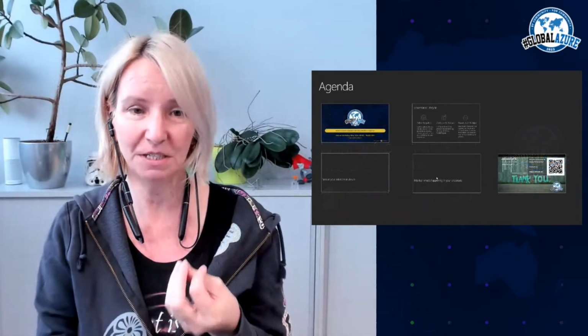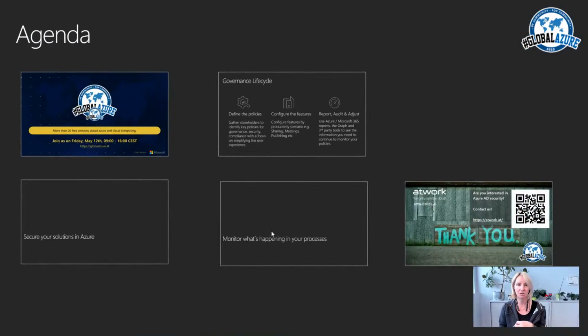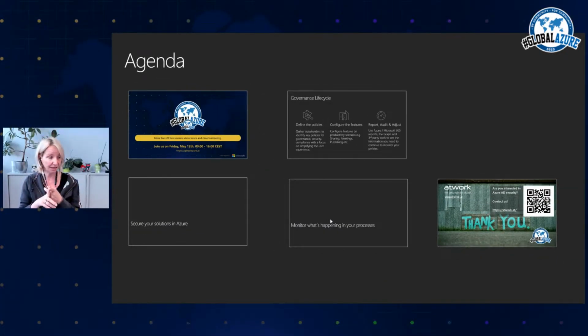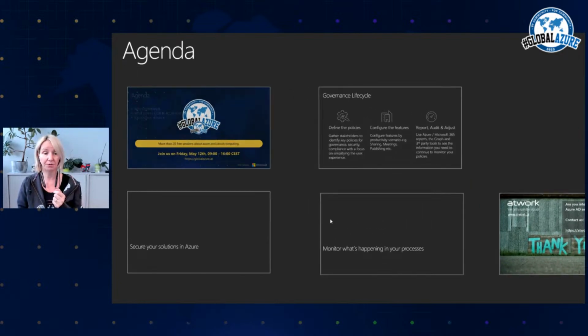But there are specific spaces where we need to look into governance processes around Azure Active Directory. First of all, we will look at what governance is, what Azure Active Directory identity governance looks like, and then we will see how we can secure solutions within Azure and how we can monitor our solutions afterwards.